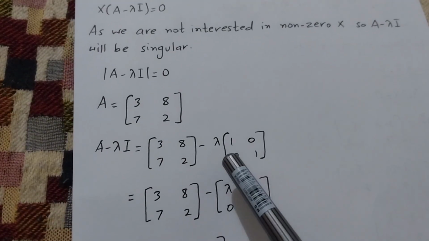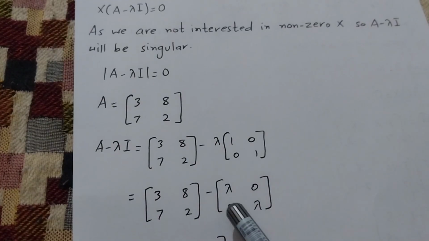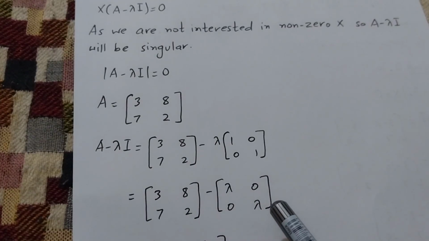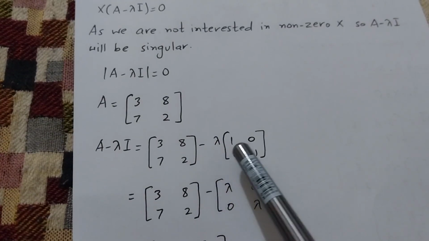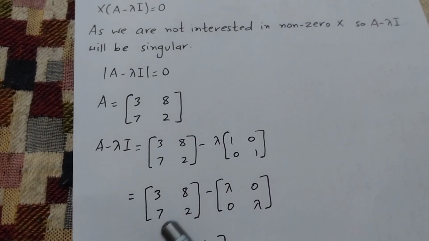We'll simply multiply this lambda with this matrix. We'll get lambda, 0, 0, lambda. We simply multiply all the entries by this lambda, and we get 3, 8, 7, 2 minus lambda, 0, 0, lambda.